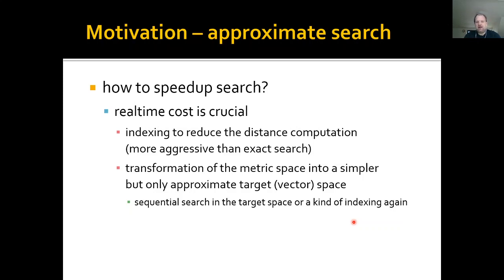And then I can reuse any other indexing techniques and other algorithms. So this is a more general approach: transformation of the input hard metric space into some simpler but only approximate space. So we don't have a one-to-one transformation, but we lose something. So we get approximate search.